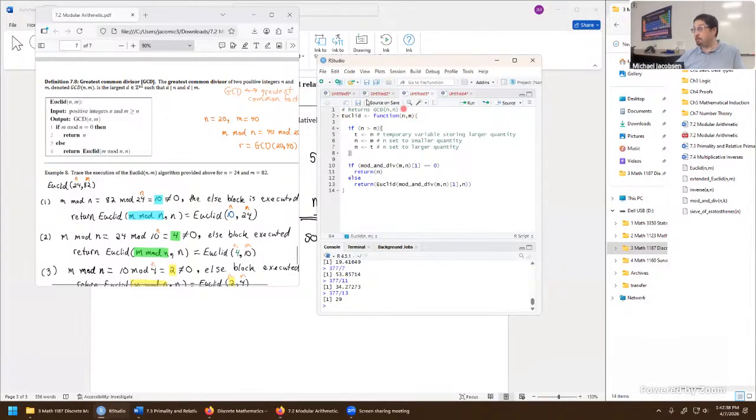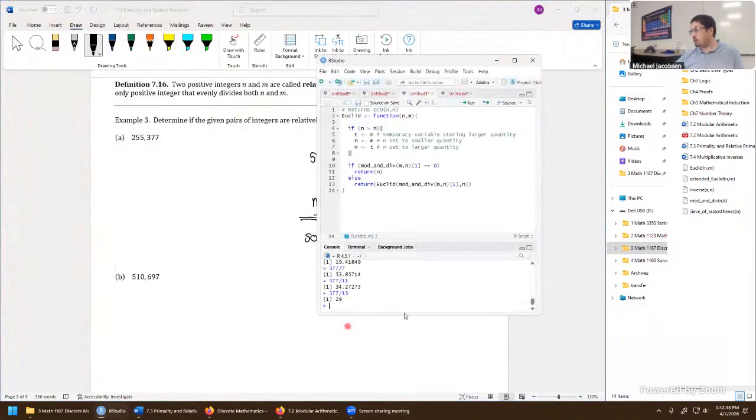So here's that pseudocode implemented into R. Call G Euclid 510 697 returns a value of 17, which tells us 17 absolutely divides 510. We want numerical evidence. Here it is, goes in 30 times. 17 will divide 697. Definitely works. And so this gives us immediately and really effectively the greatest common divisor, 17.